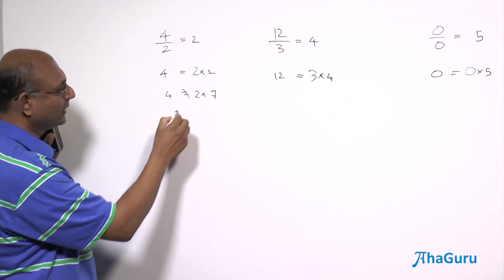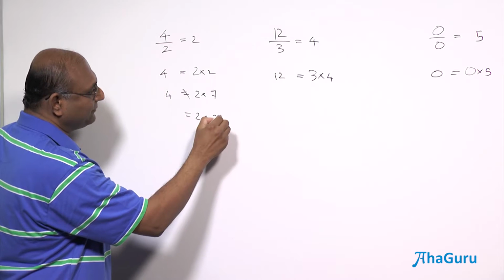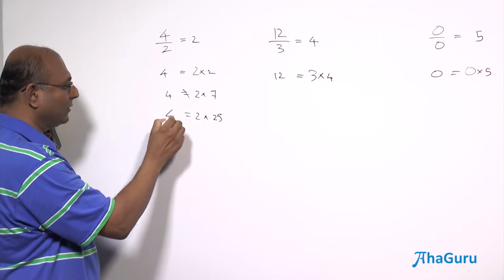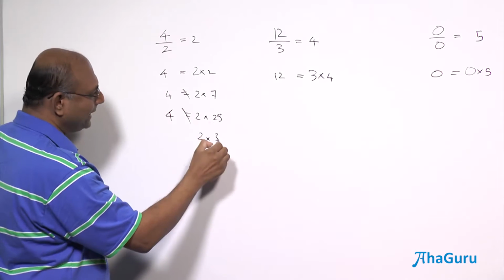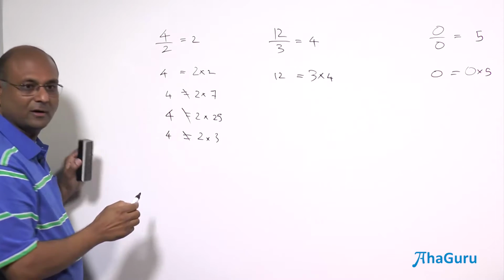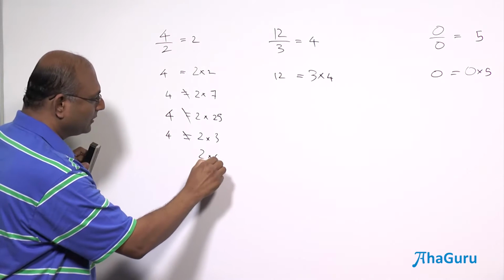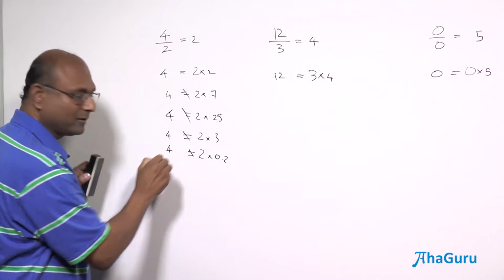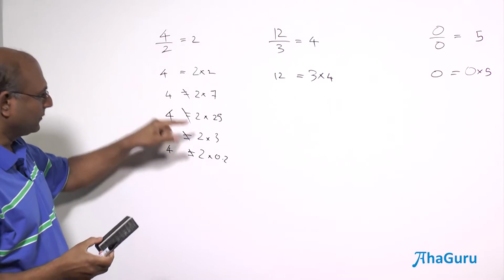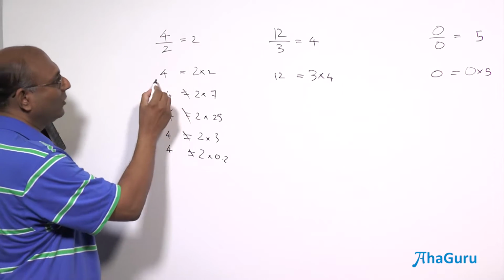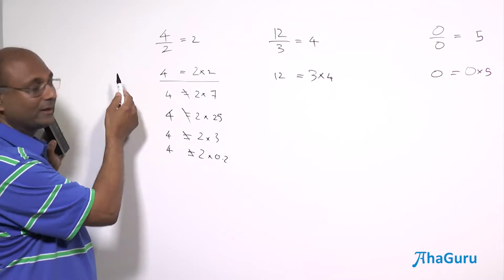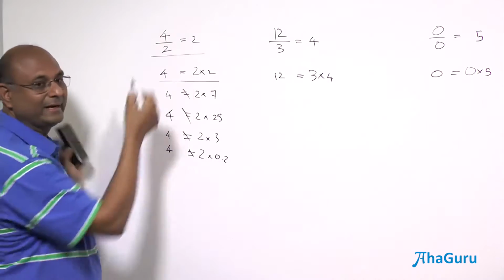If I try 2 into 25, that is 50, it is not equal to 4. 2 into 3 is not equal to 4. 2 into 0.2, not equal to 4. But 2 into 2 alone is equal to 4. Therefore, this is uniquely defined.